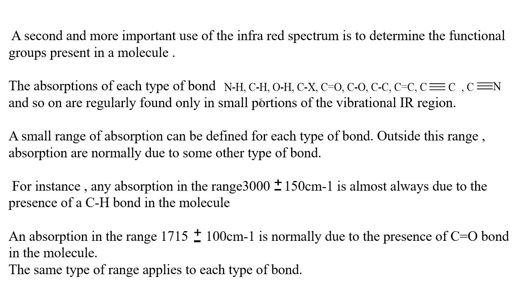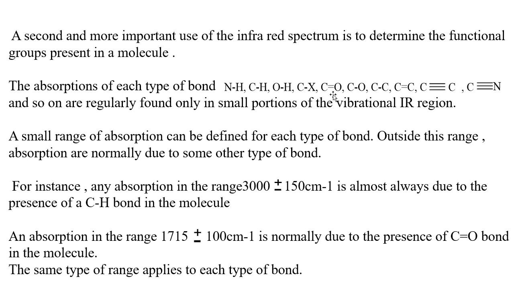For example, CH stretch is usually found in 3000 plus or minus 150 centimeter inverse. That is the small portion. It may be 3150 or maybe 2850, and the CH stretching absorption will take place in this small portion of frequency in the IR region.